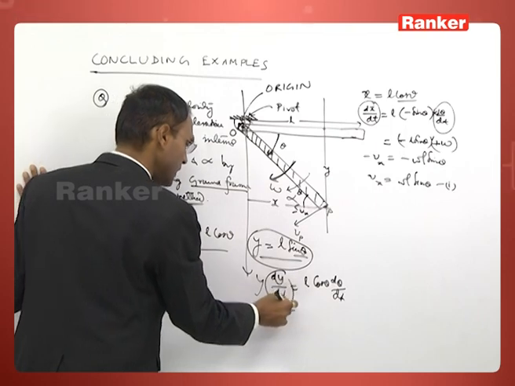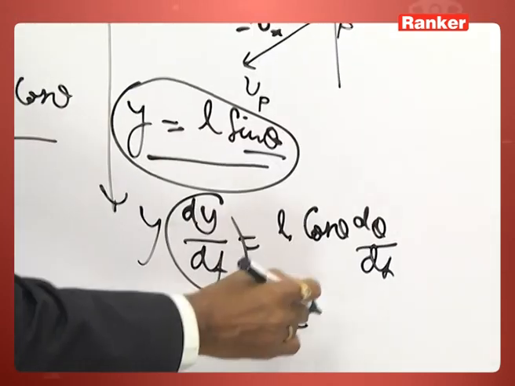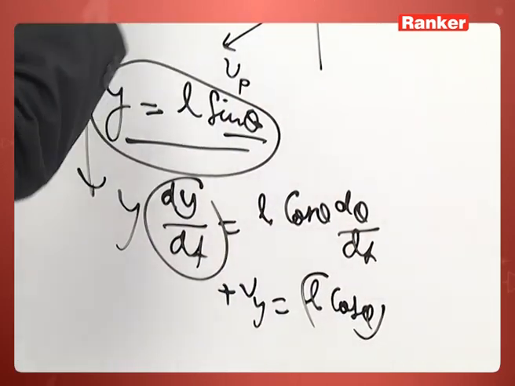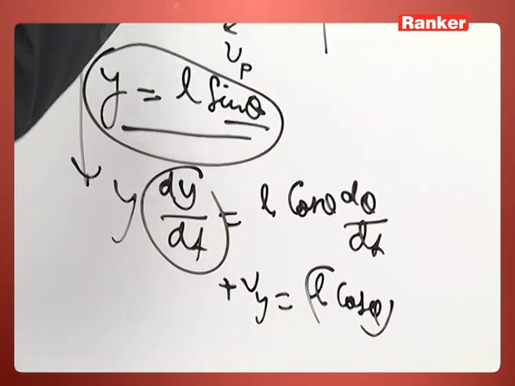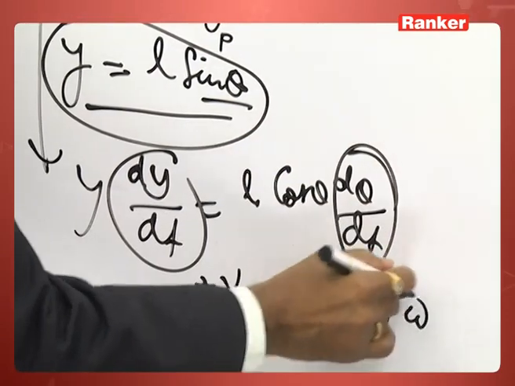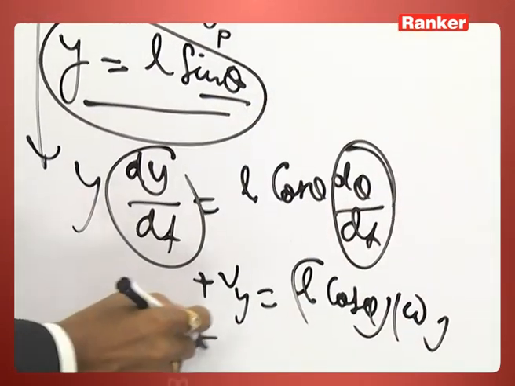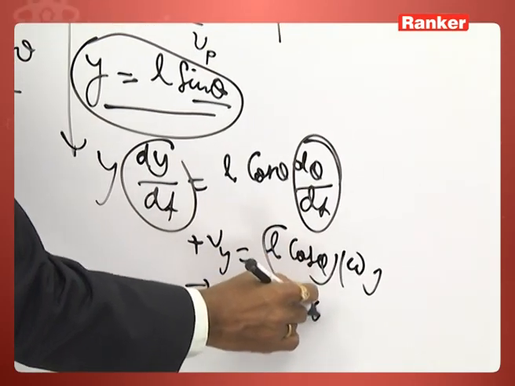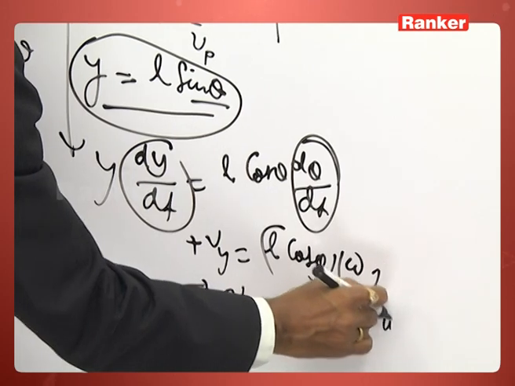Therefore, dy by dt is plus Vy. L cos theta, omega is taken in the increasing order of theta, therefore d theta by dt is equal to plus omega. This gives us Vy is equal to omega L cos theta. Equation number 2.